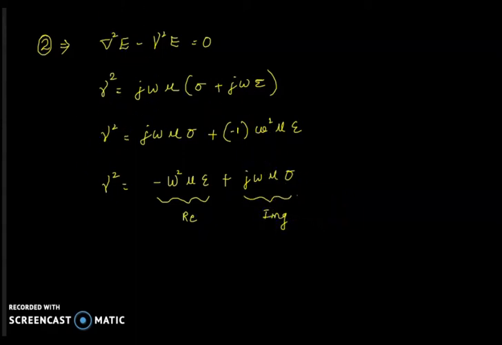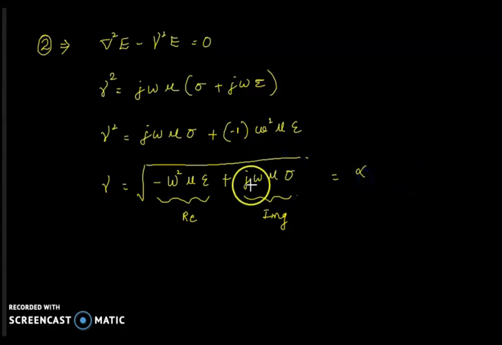Now let us find what gamma is. This is gamma square, so gamma becomes the square root of it. Gamma is a complex quantity with a real part and an imaginary part.